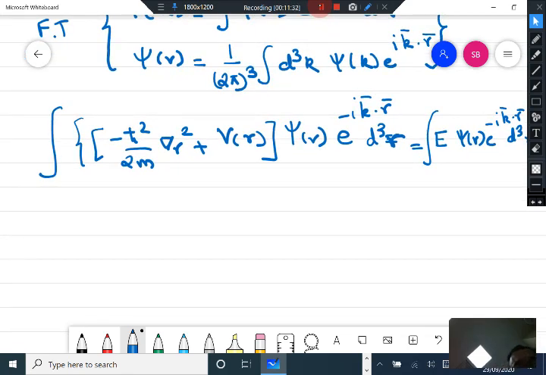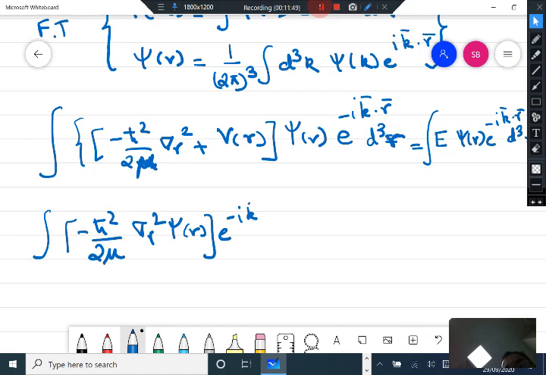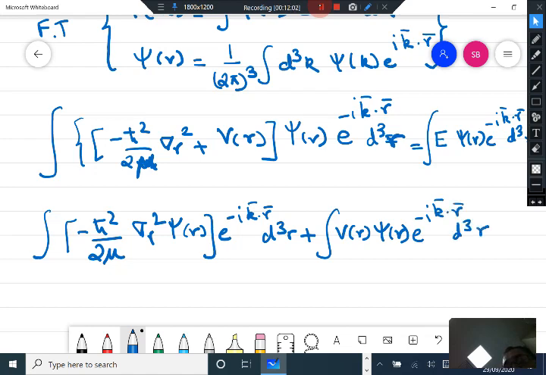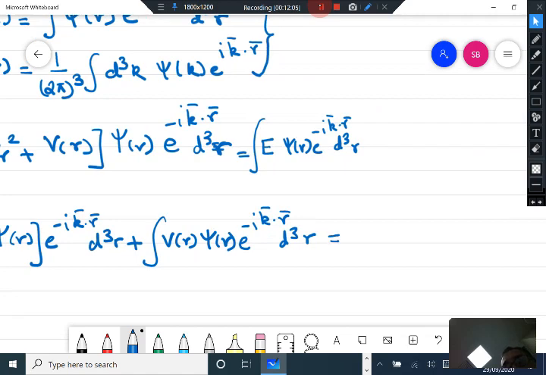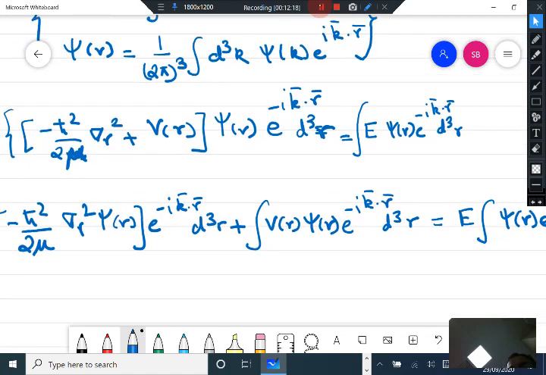So first is the simplification of the first term, which is the integral of minus ħ² by 2μ ∇²ψ(r) e raised to minus i k·r d³r, plus the integral of V(r) ψ(r) e raised to minus i k·r d³r, equal to E times the integral of ψ(r) e raised to minus i k·r d³r.